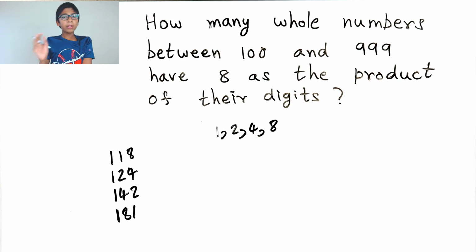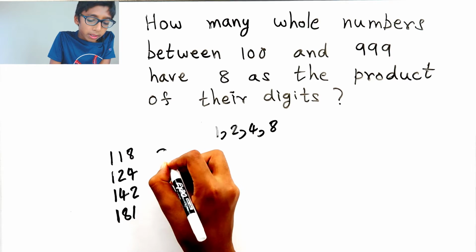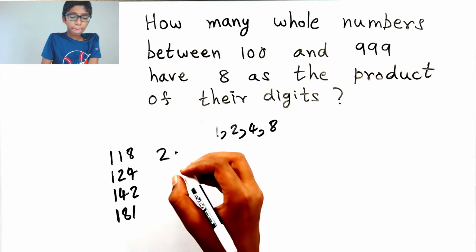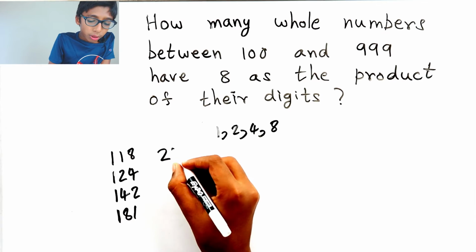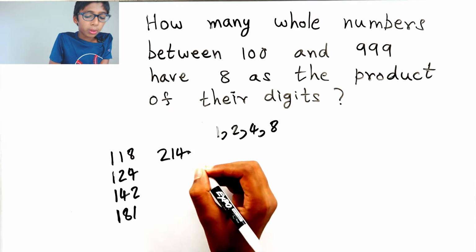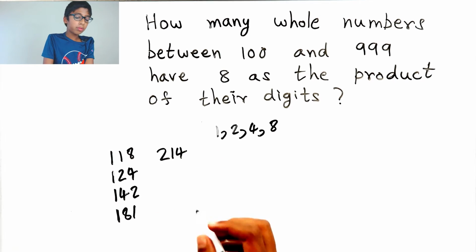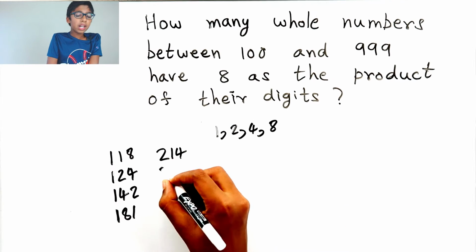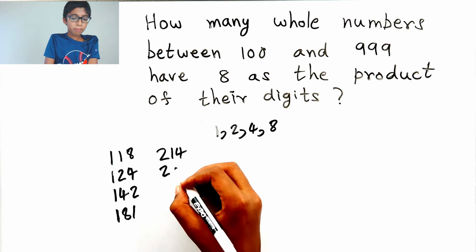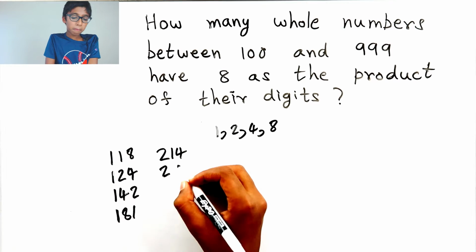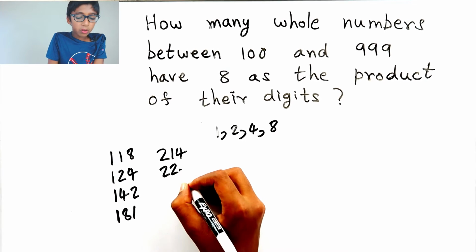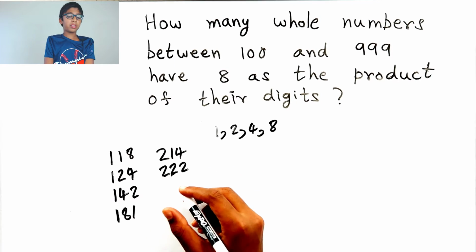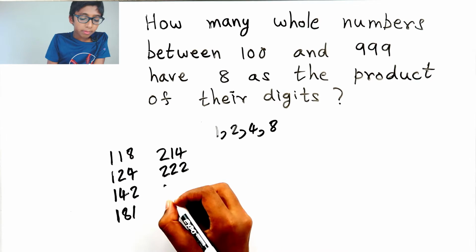Now let's go to 200. Now we can try 2, 1, 4, which is 2 times 1 is 2, and then times 4 is 8. Now we can try 2, 2, 2. 2 times 2 is 4, 4 times 2 is 8.